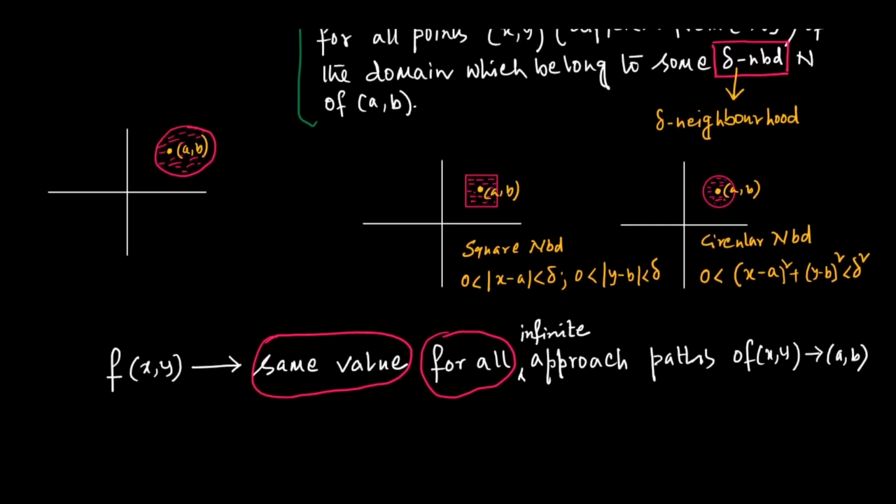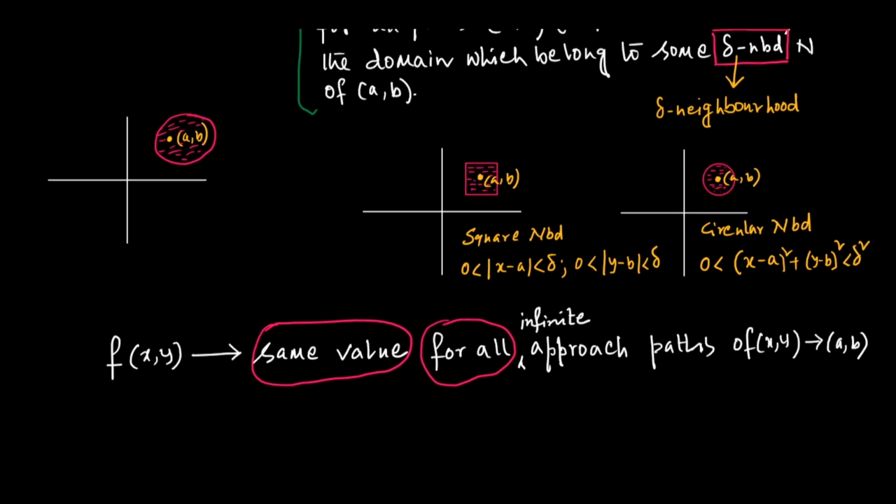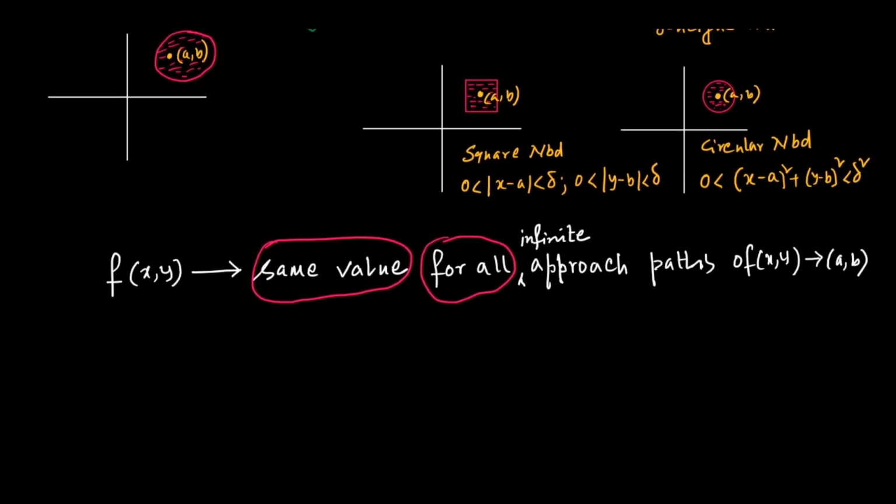Now let us apply this definition in solving a problem. Let us see how we can solve problems using this definition. Let us apply this definition in proving that the limit as xy tends to 0,0 of xy times (x squared minus y squared) divided by (x squared plus y squared) equals 0.